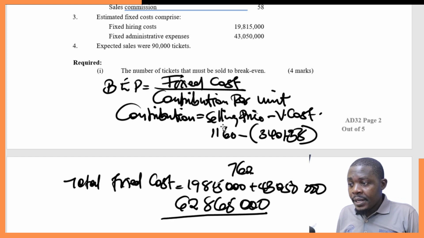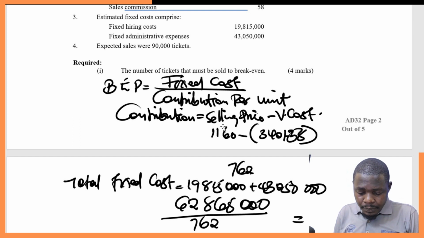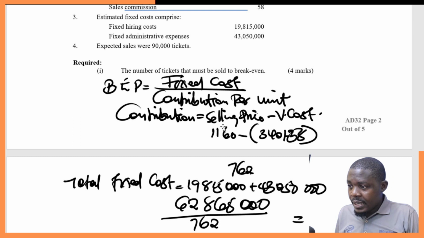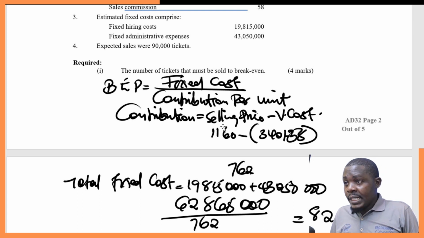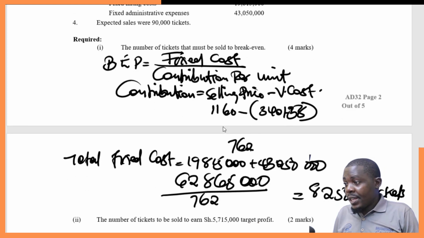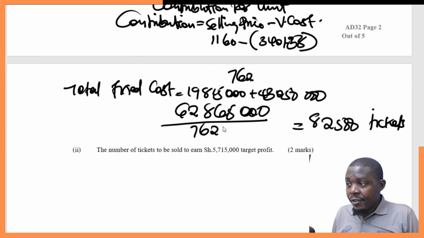We divide by the contribution, which is 762. We have 82,500 tickets. The number of tickets that must be sold to break even is 82,500 tickets.